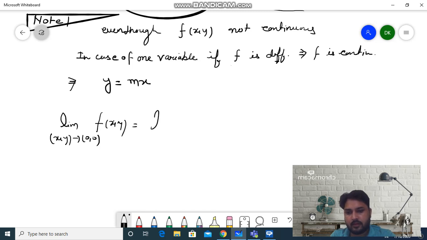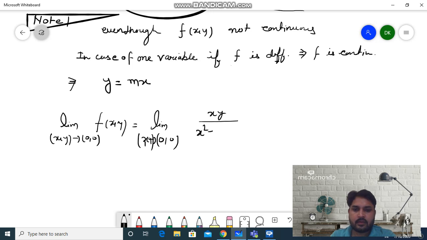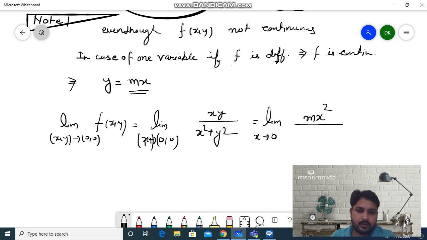This is limit x tends to 0, where f(x, y) is xy upon x square plus y square. Now in place of y we will put mx, so it gives us limit x tends to 0 of mx square upon x square into 1 plus m square.